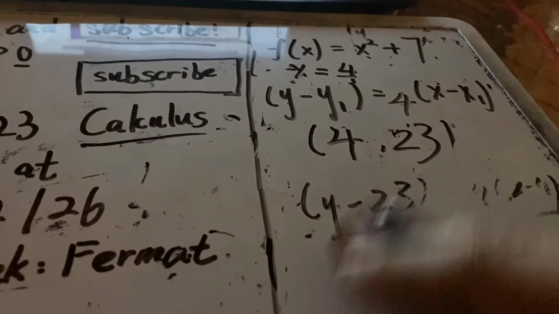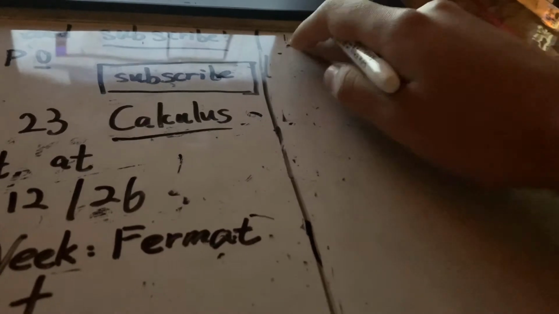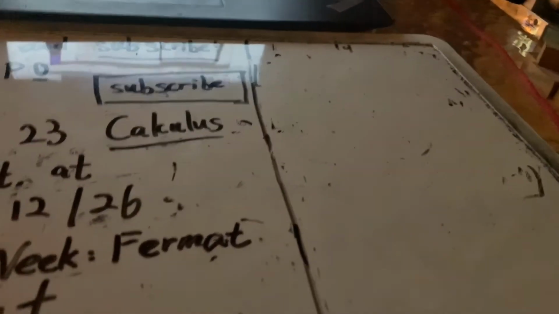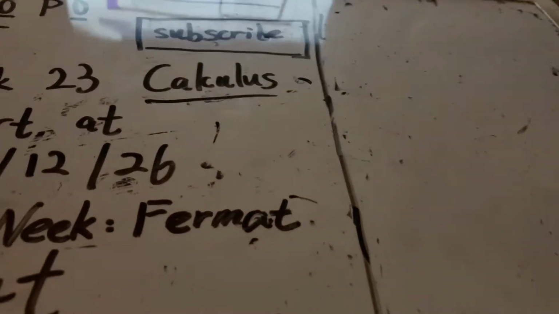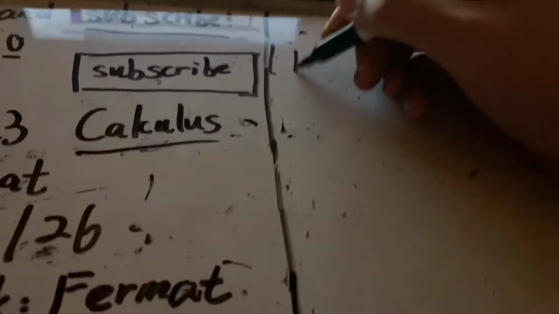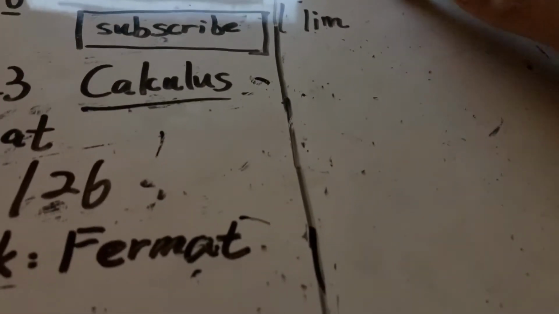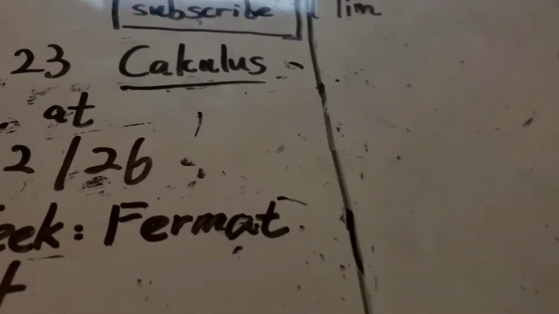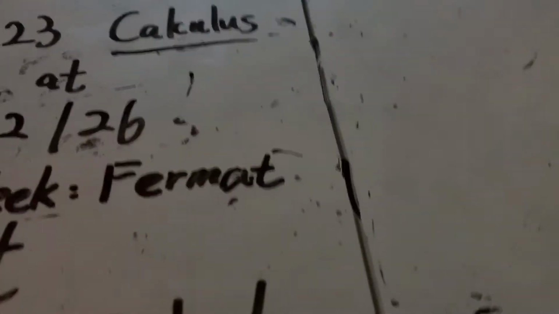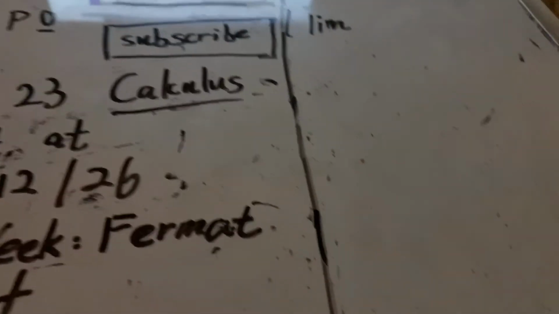So we have done the instantaneous rate of change and average rate of change. We are then going to talk about the derivative. The definition of derivative is just the same as instantaneous rate of change, which means instantaneous rate of change and the derivative mean the same thing.